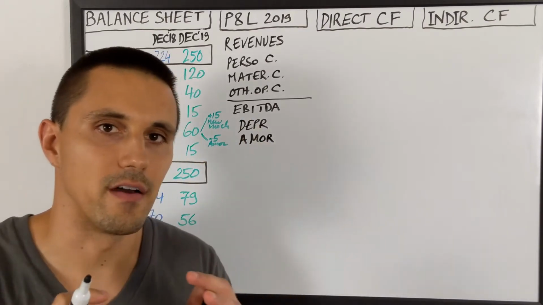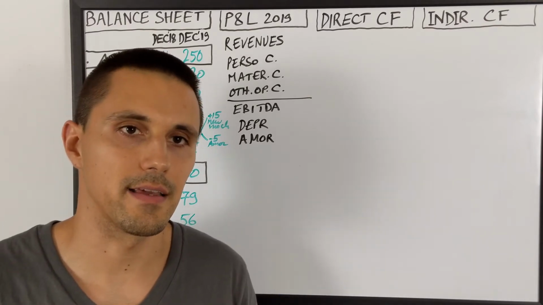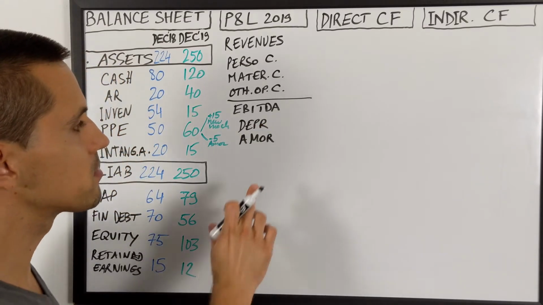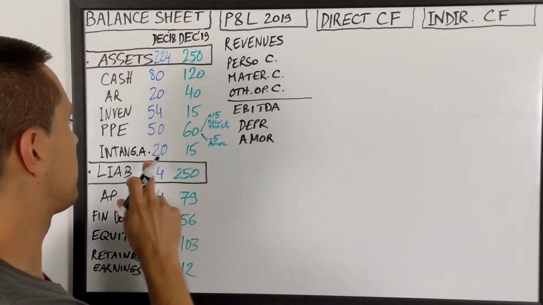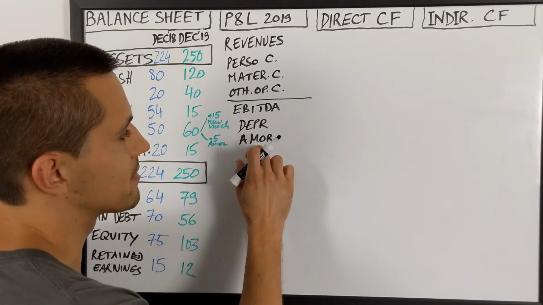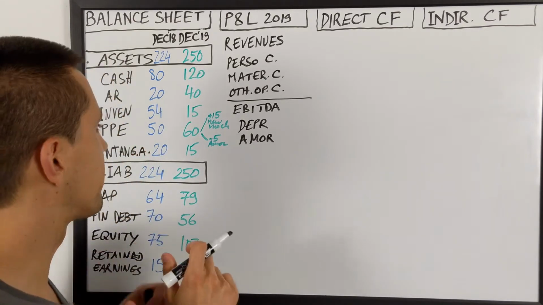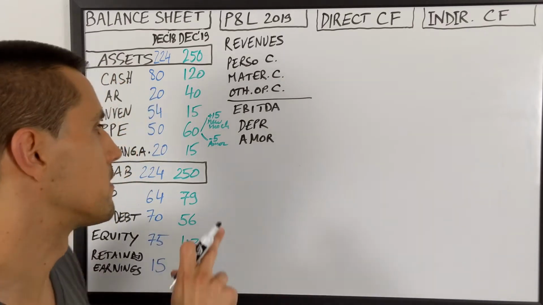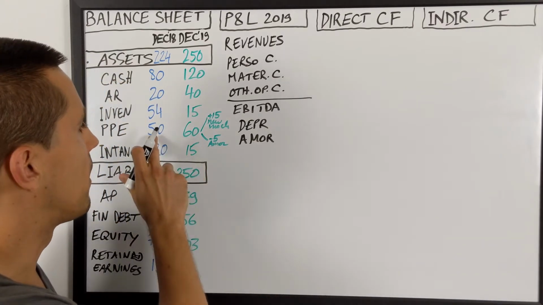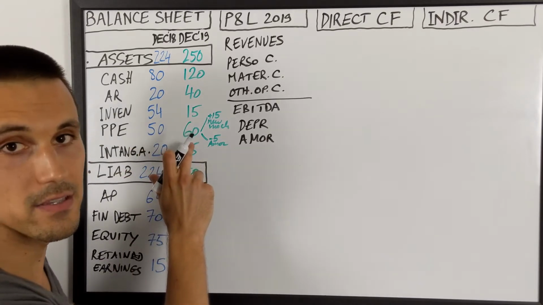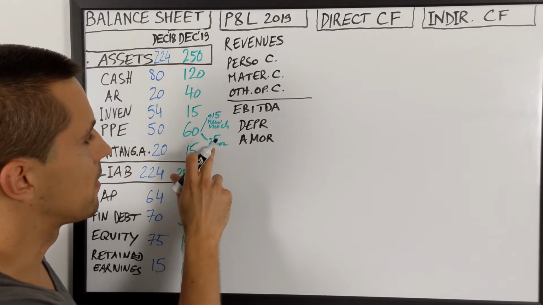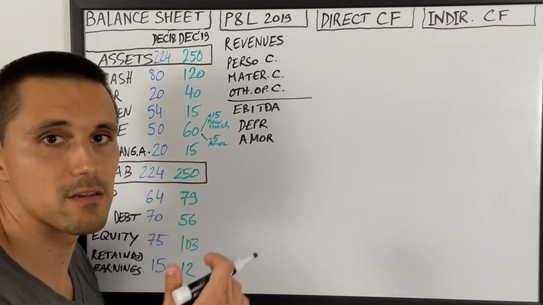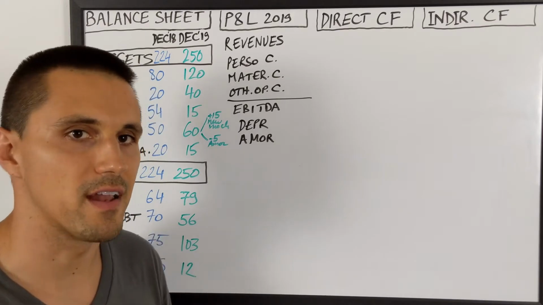Both have a similar logic. It's basically the loss of value of an asset, but the little difference between both is actually depreciation is for intangible assets and the amortization always refers to property, plants and equipment. Let's say a machine here. As you remember here, we have an increase of property, plants and equipment of 10, but that's plus 15 for the new machine and minus 5 amortization because the old machine lost some value.